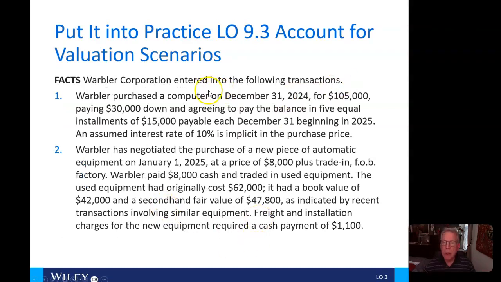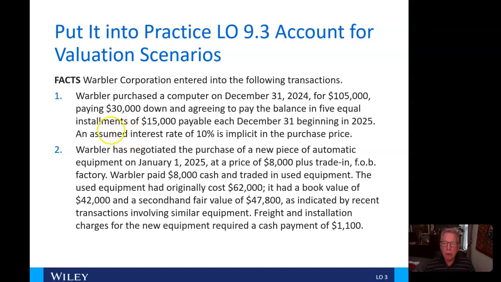Okay, let's put it into practice with a valuation scenario from the Warbler Corporation. Number one, Warbler purchased a computer on December 31st for $105,000 and pays $30,000 down and agrees to pay the balance in 5 equal installments of $15,000 each December 31st, beginning 1 year later in 2025.